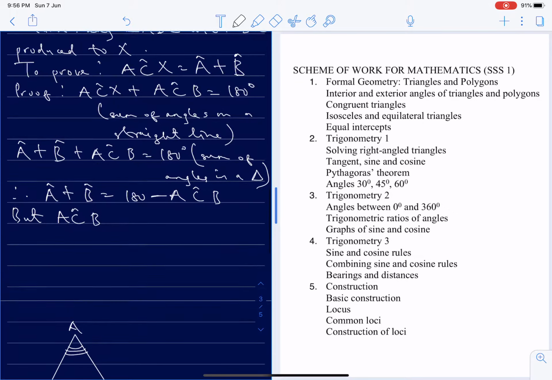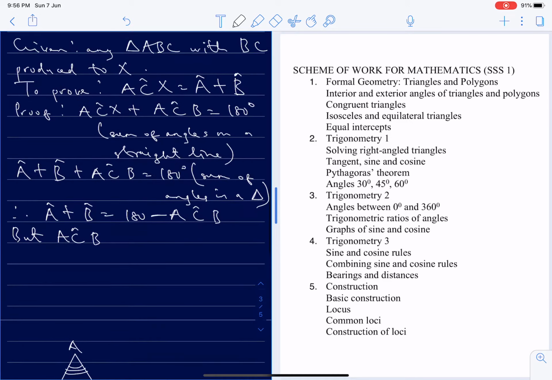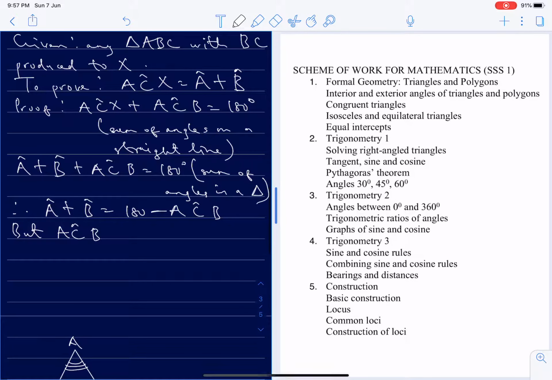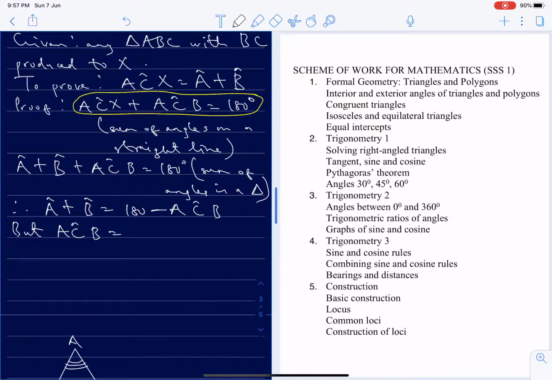ACB plus ACX, yes. We can check this. We know that angle ACB plus angle ACX is 180 degrees. This simply means angle A plus B is 180 minus ACB.